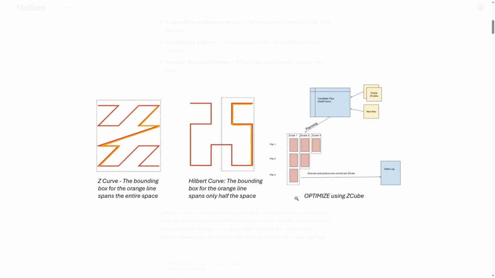Also, unlike Z order, which uses the Z order space filling curve, liquid clustering uses the Hilbert curve, which is a different space filling curve that is more efficient than Z order.